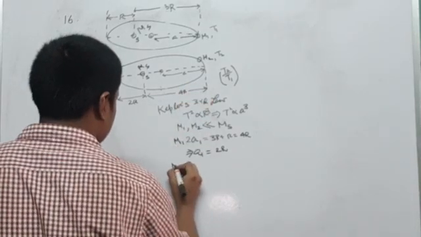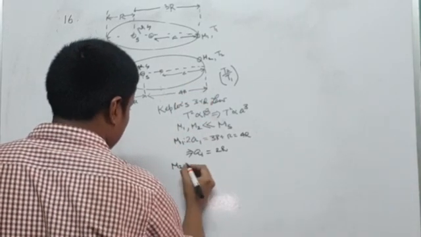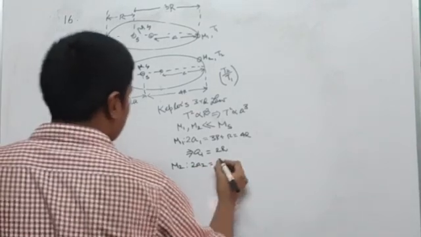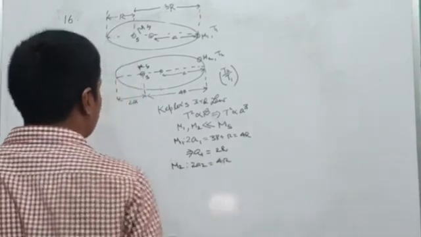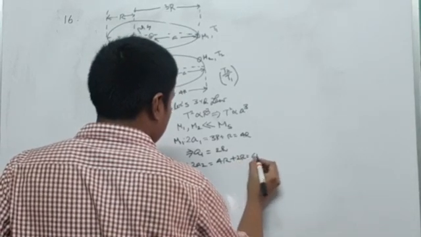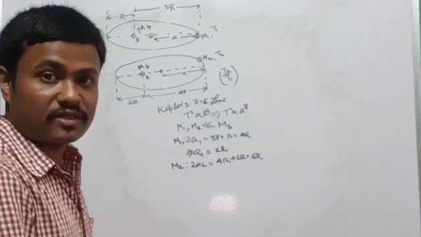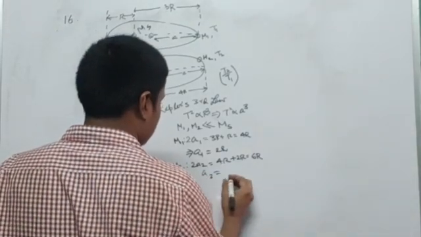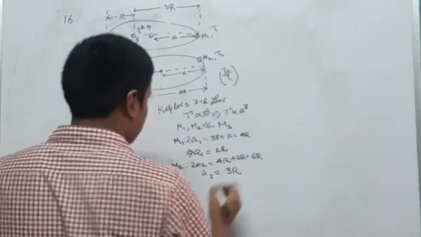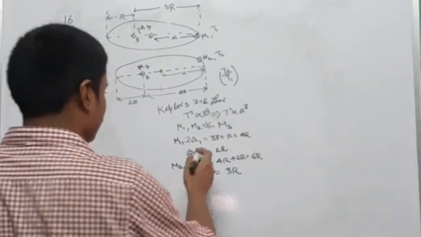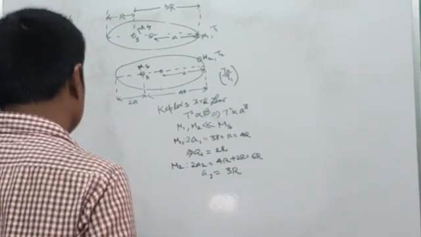Whereas for planet M2, twice A2 gives us 4R plus 2R, 6R. A2 is 3R. So you see, there we have it. We have our values of A1 and A2.